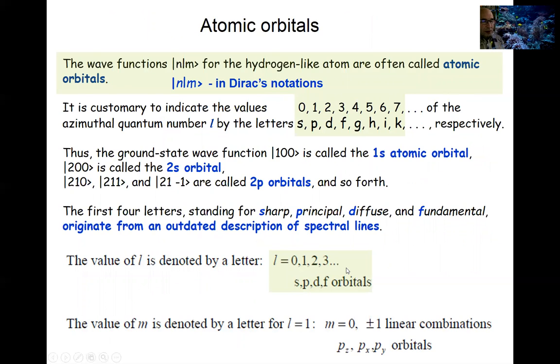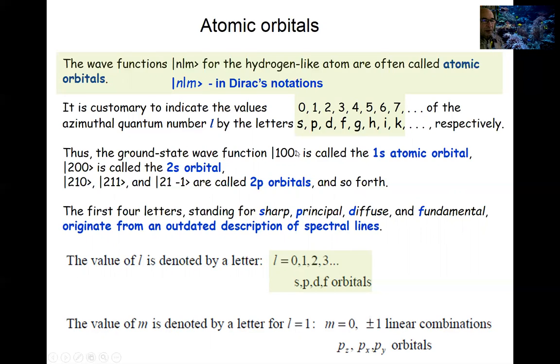What is of interest to us is that, first of all, we need to start using Dirac's notations. Dirac's notations have this bracket type of form. We have quantum numbers here, n, l, m, and we are starting to use them more and more in our discussion.